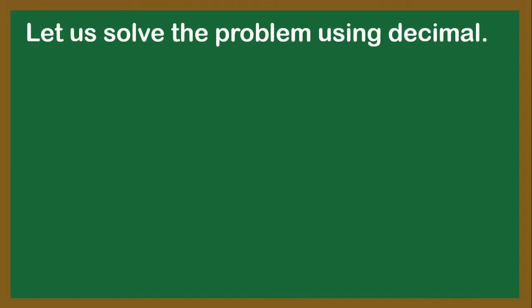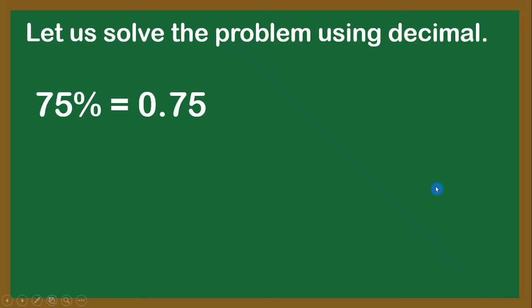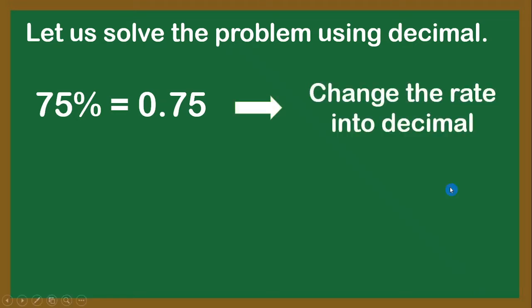Let us solve the problem using decimal form. Let 75% equal 75 hundredths. Remember that 75% means per hundredths. That is, in decimal form, 75% is 75 hundredths. The first thing to do is change the rate into decimal.